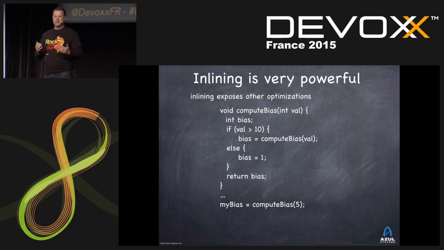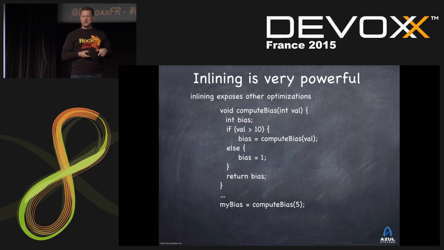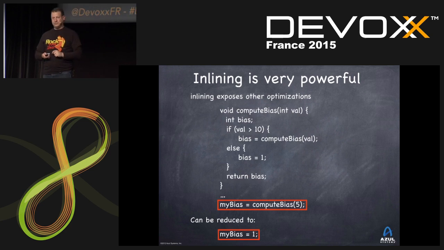Now, if I called it and I actually made the method call, the method itself doesn't know what value would be, so it can't simplify the inner code to do anything with it, right? It might need to call the internal computation, or it might not need to call it. But if I inline compute bias at that site, I can propagate the value 5 through the code.